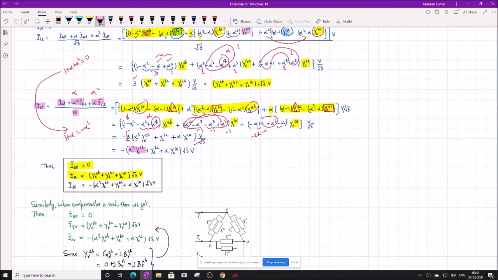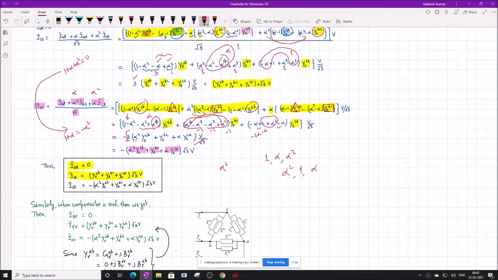Alpha square YLAB, then YLBC and alpha YLCA. If you want to remember, then you have to use the sequence of the coefficient. The first is alpha square. We have the sequence of 1, alpha, alpha square. So start from alpha square. If you start from alpha square, the sequence becomes alpha square, 1 and alpha.